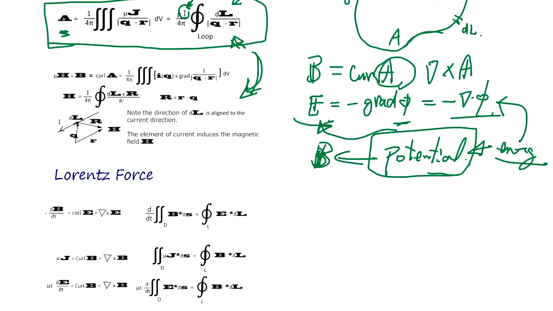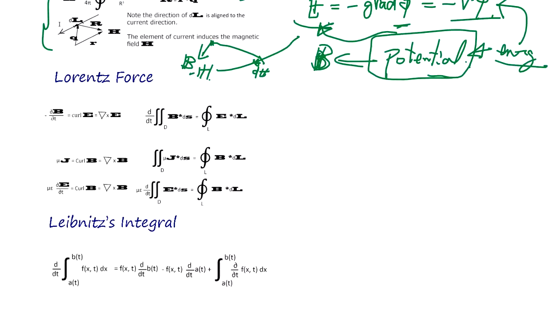Okay, and using that we get how the electric current element generates the field H, B, or H. Okay, and this leads to the Biot-Savart theorem we introduce later.